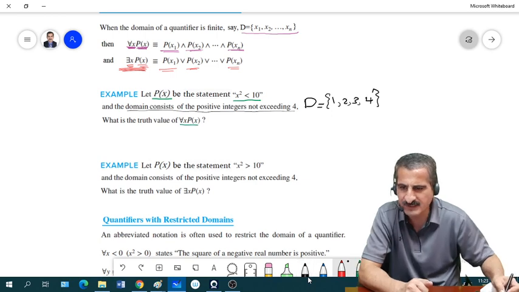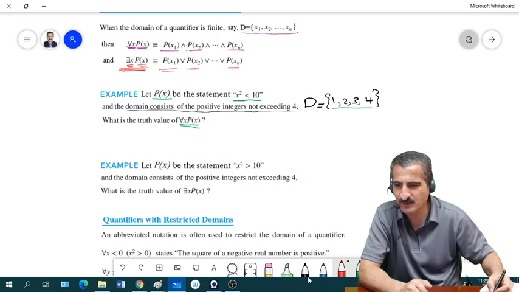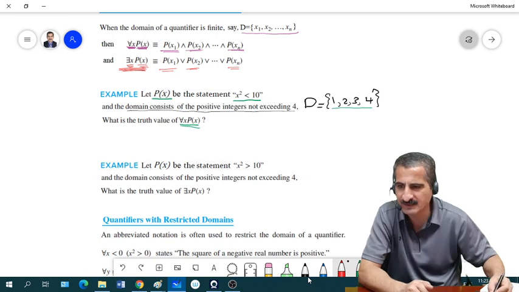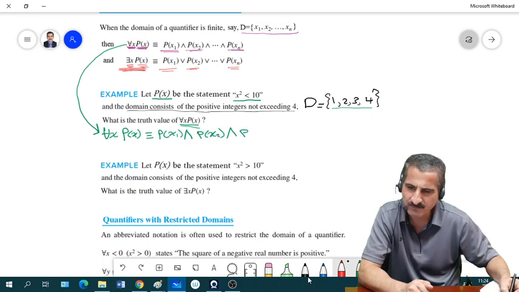For every x, P of x means that for every x here, x squared is less than 10. Let us use this to rewrite: for every x, P of x is equivalent to P of x1 and P of x2 and P of x3 and P of x4.